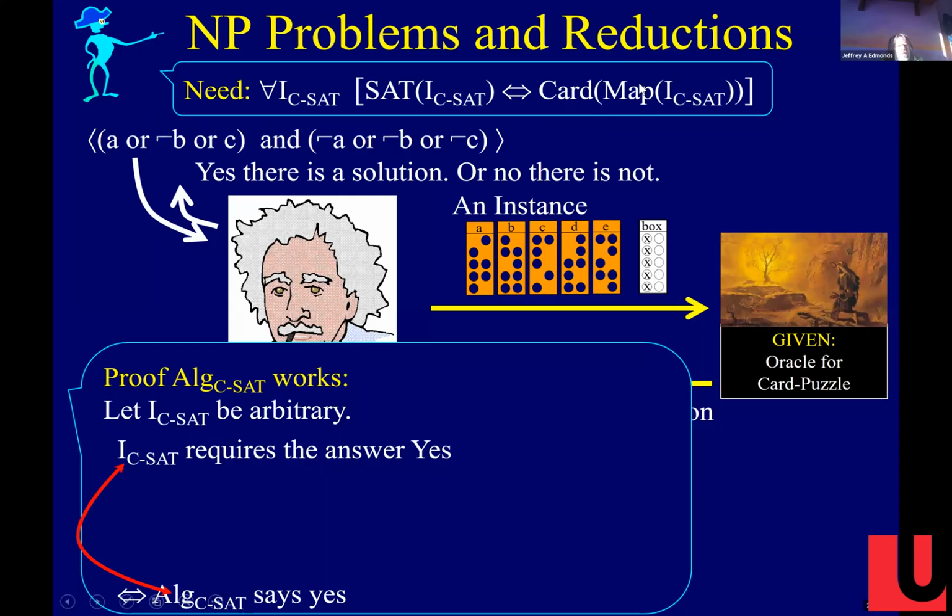So the oracle will always say yes. But you might get the mapping one way, but not the other way. Or in that case, I make my cards so that they're never satisfiable, so this would be a no as well. You need it to go in both directions. Does that make sense?